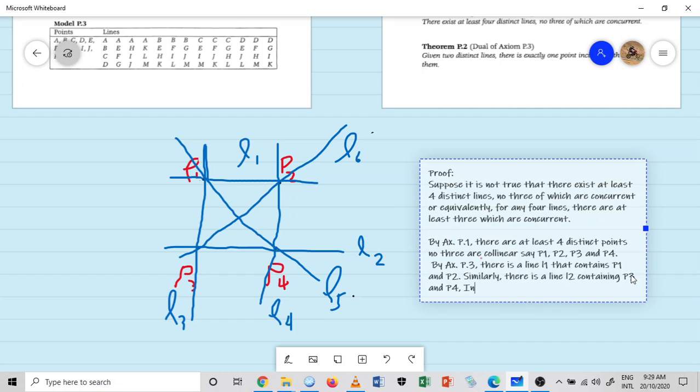In the same manner, there are lines L3 to L6 containing the other pairs of points.